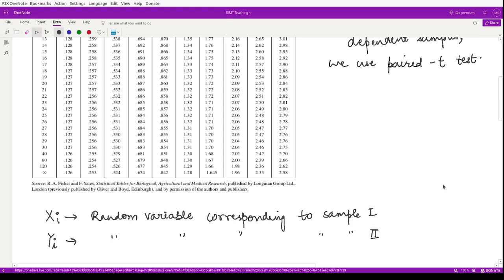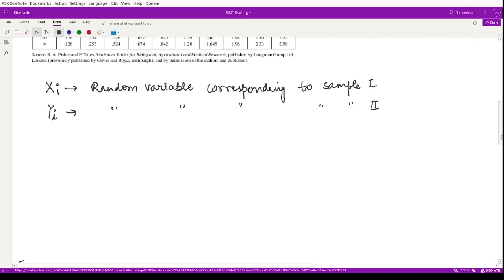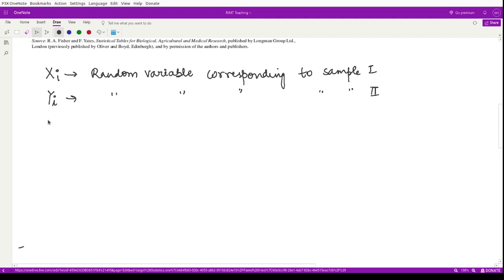These two samples depend on each other. So we create a new random variable and call it d. D is the difference of these two random variables. From the data values we create another data set which is the difference of these two. Now we apply the test onto this difference.